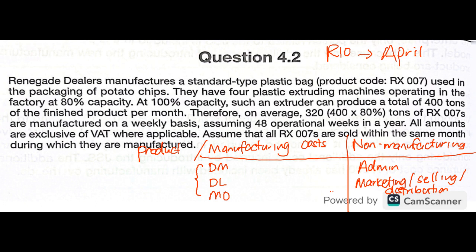Now you also have indirect material. So indirect materials are all of the smaller items that are used in the production process that can be easily substituted. So it's not direct because production can continue without the item, because the item can be easily substituted.